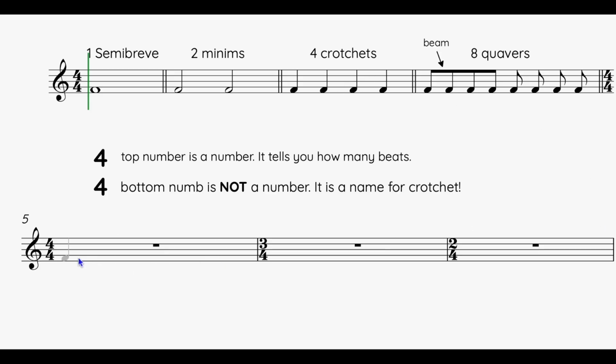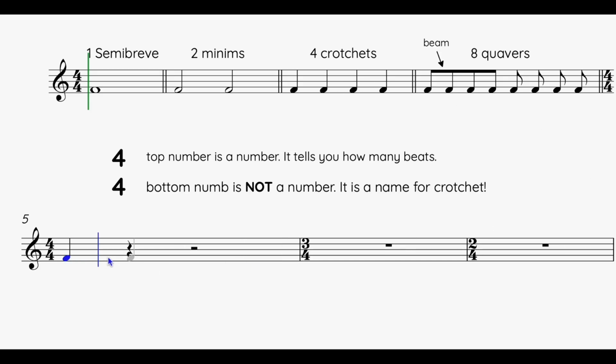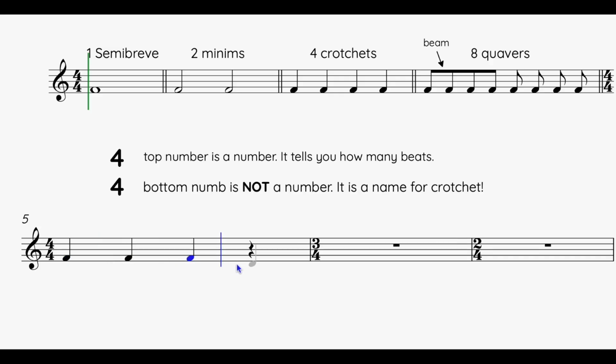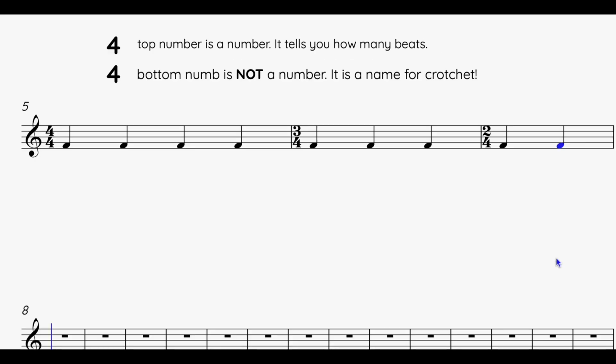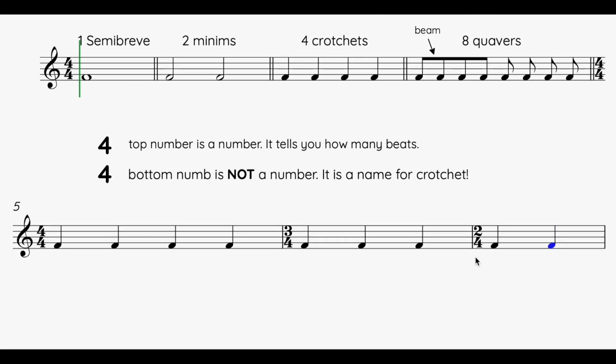So I can have 4 crotchets here. There's 4 crotchets, and we call that 1 bar. Or I could have 3 crotchets in a bar. I could have a group of 3 crotchets. And I could also have a group of 2 crotchets.